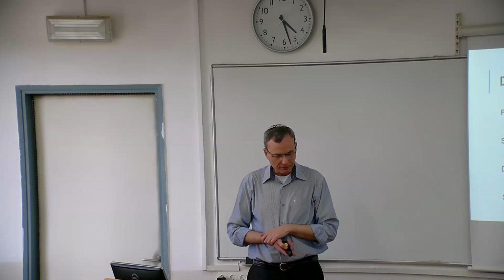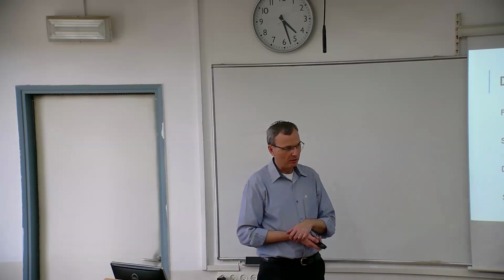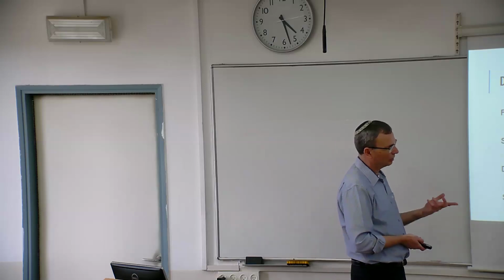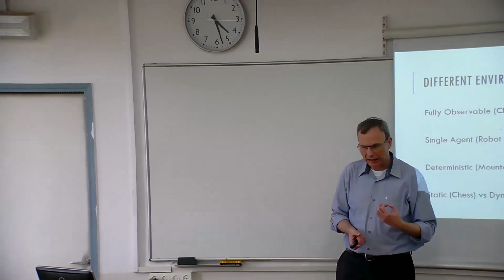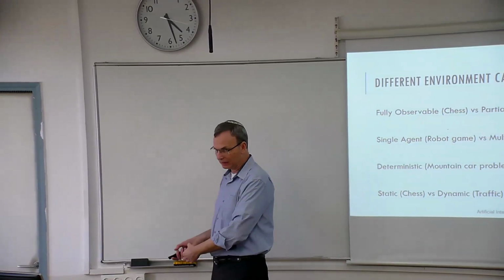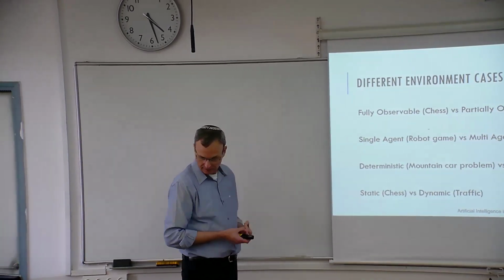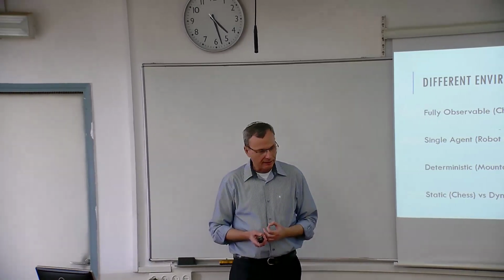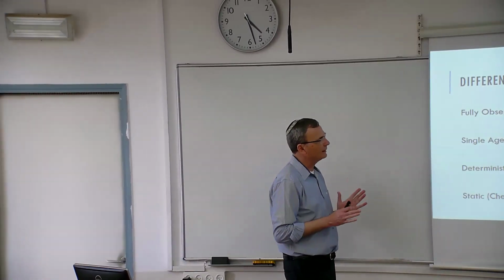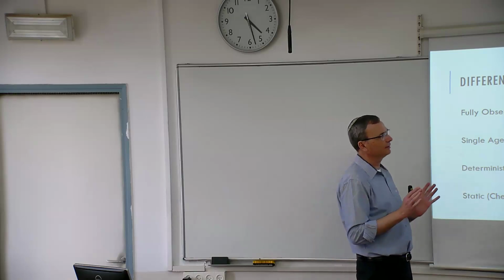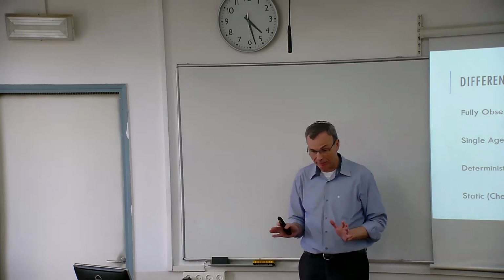Let's speak about the environment, because as I said, this whole method depends on an agent acting in an environment. So the environment is very important. There are 4 possibilities to split different types of environments.